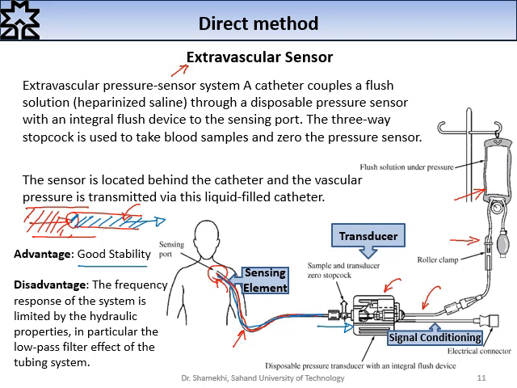As you can see, the sensing element is the catheter here, and we have signal conditioning parts here, which will convert the movement of the liquid inside the catheter to some electric output. This is the electric connector, and we can connect the sensor to some amplifier to measure the blood pressure.